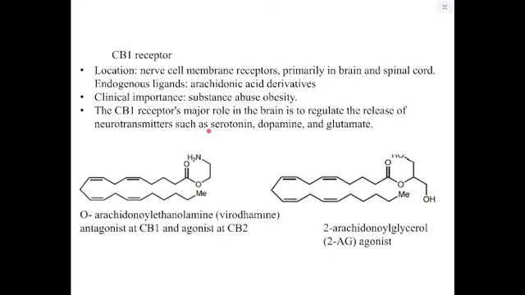The CB1 receptors' major role in the brain is to regulate the release of neurotransmitters such as serotonin, dopamine, and glutamate. So definitely, when you stimulate them, you can see an increase in the levels of these neurotransmitters, and no wonder the euphoria that we talked about.